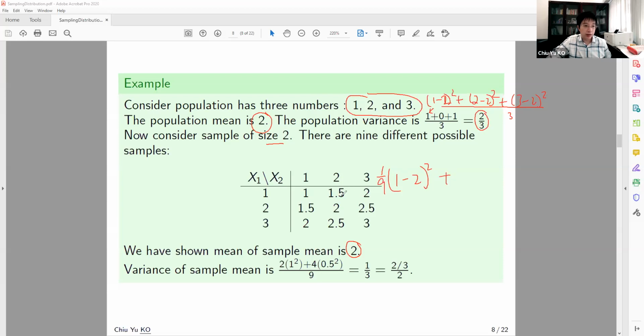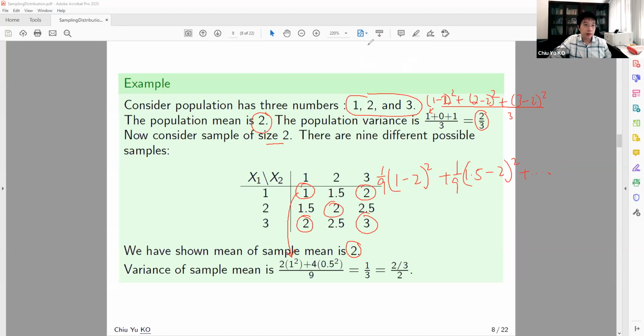And then you do the same, 1.5 minus 2 squared times 1/9, and so on and so forth, right? And here you can see 1 and 3 differ from 2 by 1, so there are 2 of them, okay? And these 3 are 2 minus 2, which will be 0, okay?